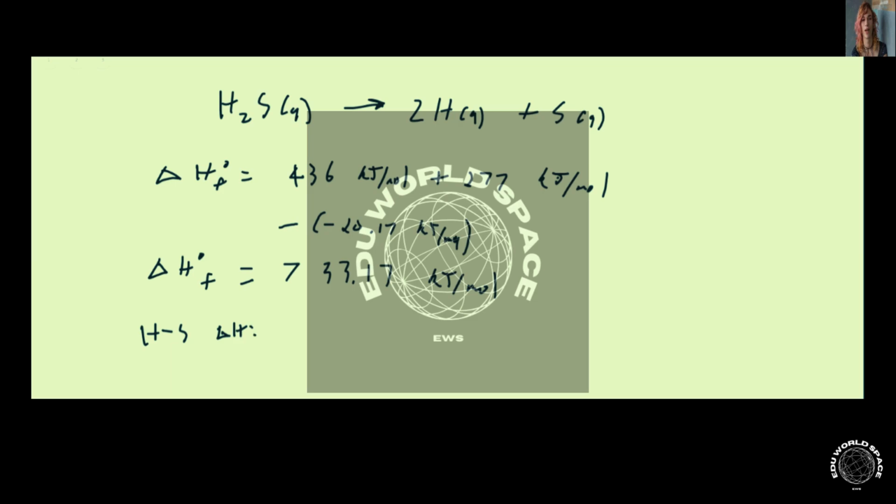So when we divide this by 2, we get for our bond enthalpy 366.59 kilojoules per mole. And again, that's because here we've broken 2 HS bonds. And so if we take the enthalpy of this reaction and divide it by 2, then we have the enthalpy of breaking a single HS bond, approximately.